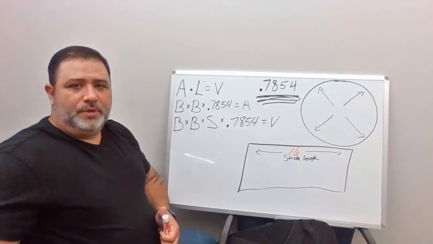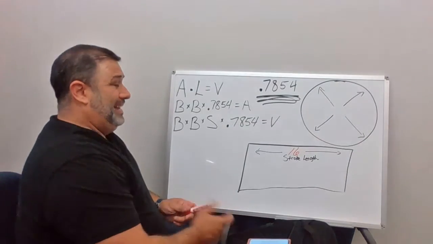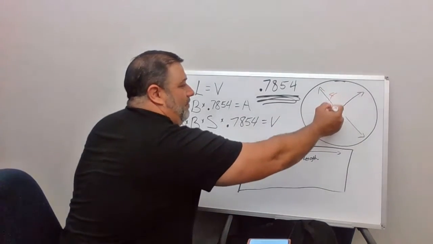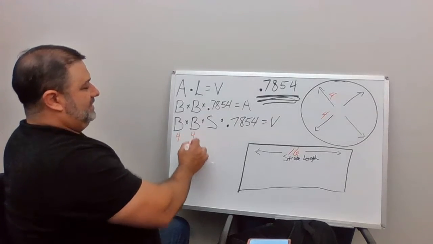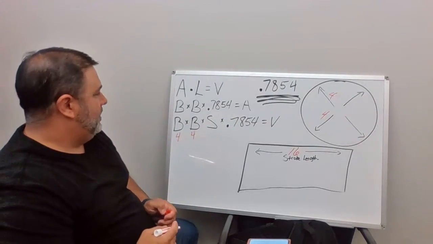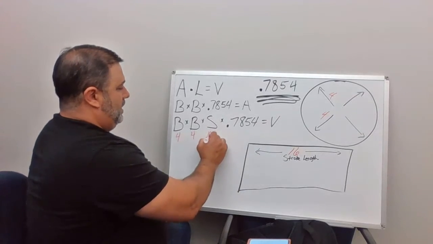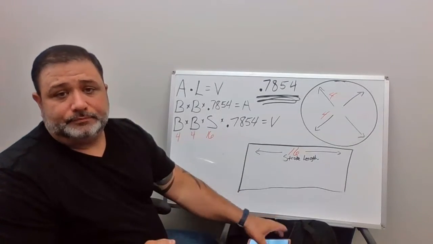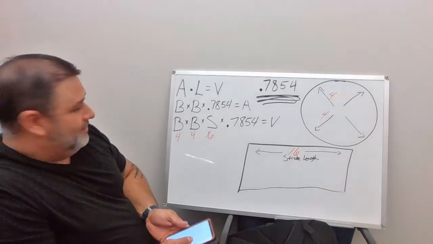Okay, so we'll go back to the same things we had a while ago, so we can kind of keep it flowing. If we say our bores on each side were 4 inches, now our stroke, we know we have a 16-inch stroke. And that fills that in. So to figure that, we get our trusty calculator here.